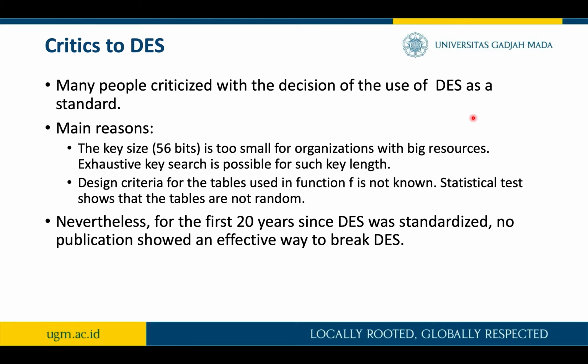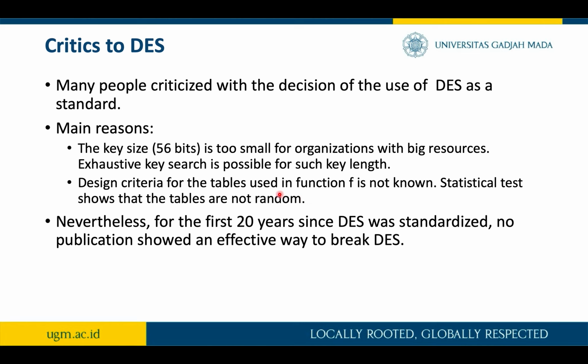The first reason is that the key size is too small for organizations with big resources, and actually the Lucifer cipher uses a 128 bit key, so DES uses less than half of the key length of the Lucifer cipher. The next one is that the design criteria for the tables are not known, and statistical tests show that the tables are not random.